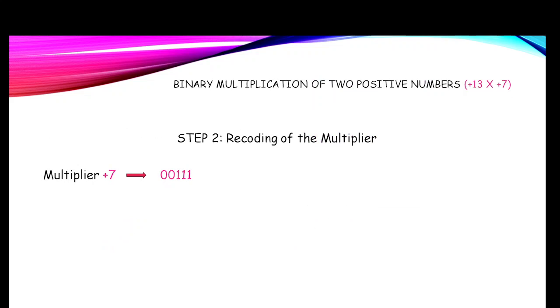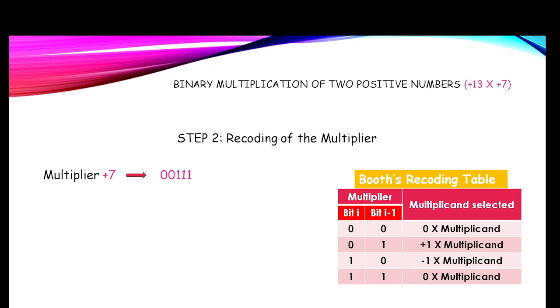Once it is done, the next step, we are going to recode the multiplier. So the multiplier value which was obtained in the first step in binary format, 00111, is going to be recoded based on the recoding table, and we call it Booth's recoding table. Consider bit i and bit i minus 1, where bit i is the current position and bit i minus 1 is the previous position.